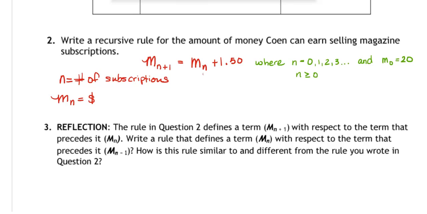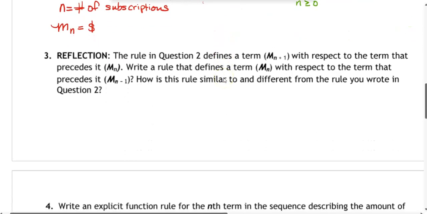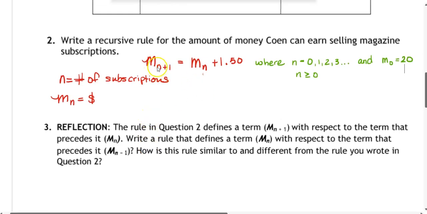Okay, so then next. The rule in question 2 defines a term m sub n plus 1 with respect to the term that precedes it, m sub n. Write a rule that defines a term m sub n with respect to the term that precedes it, m sub n minus 1. So basically, the question that we just did is taking the term m sub n plus 1 and defining it by taking the previous term and adding something to it.